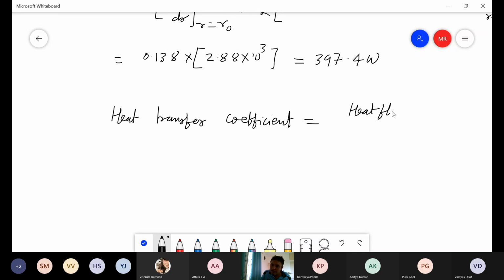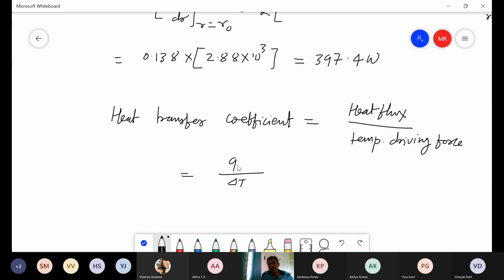Heat flux divided by temperature driving force, isn't it? So that we can write directly as heat flux, in this case Q, divided by delta T, so T wall minus T bulk.